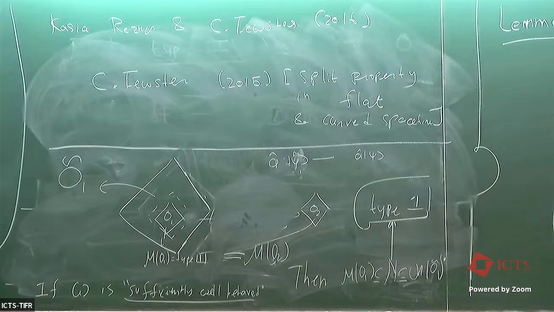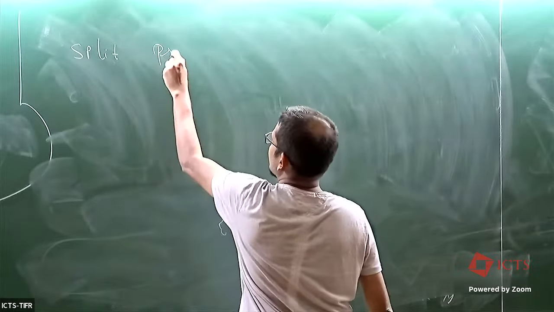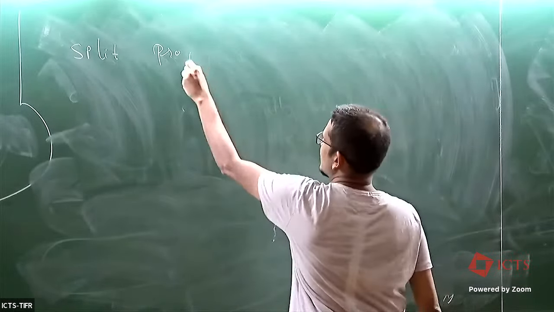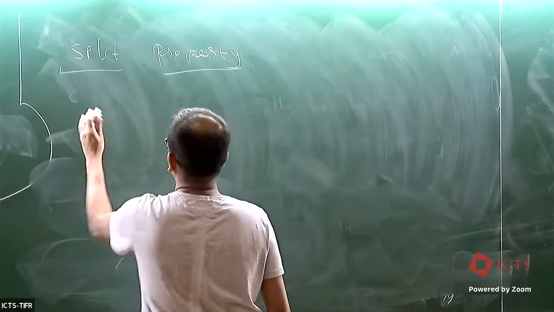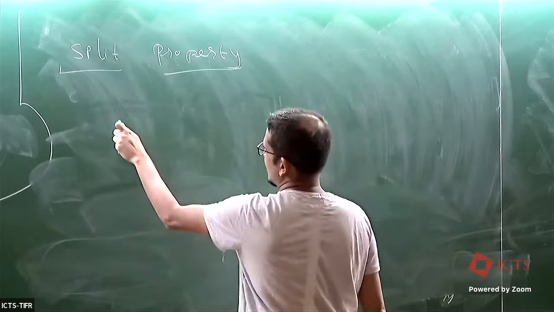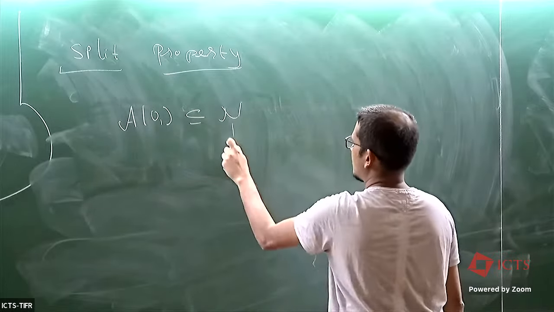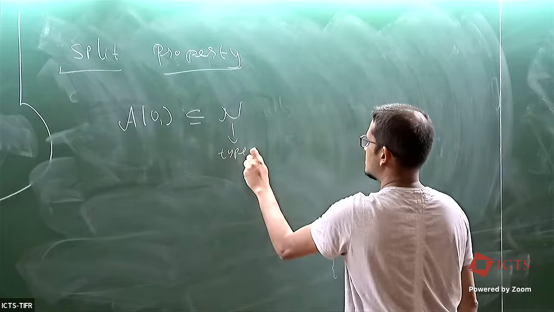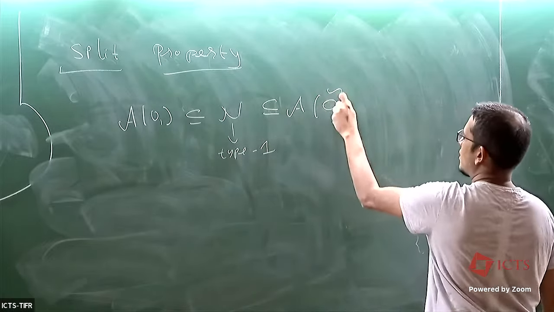Okay, so I'll just give a quick outline of the split property a little bit, because it gives us an answer about why information is localized in QFT. And then we can quickly switch to gravity. So this is a statement that our algebras are split if we have a type 1 N sandwiched between A01 and A1 tilde.